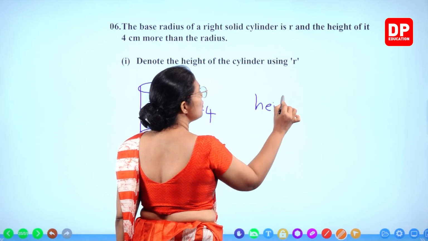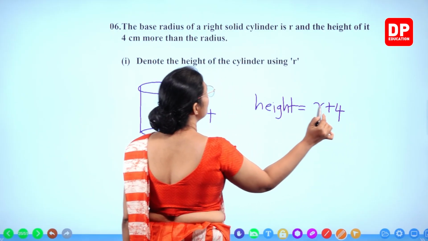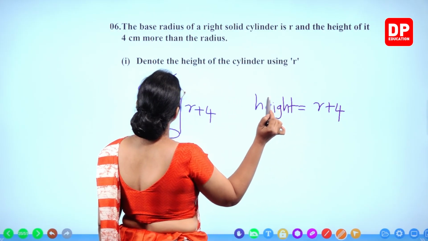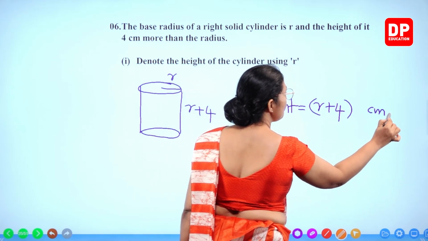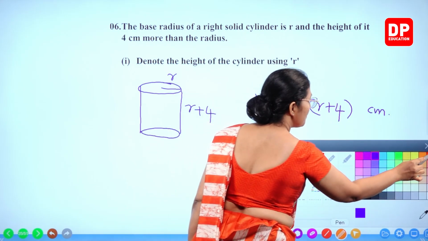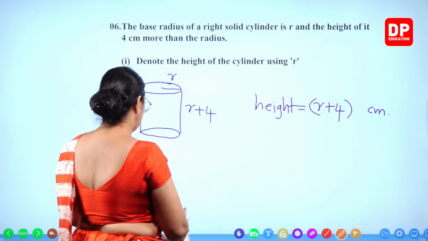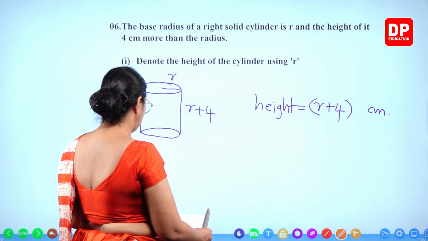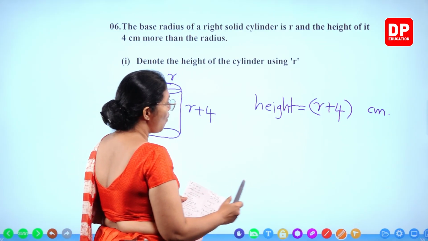Height is equal to R plus 4. That's in centimeter as well. So how many marks for that? You are getting 1 mark.